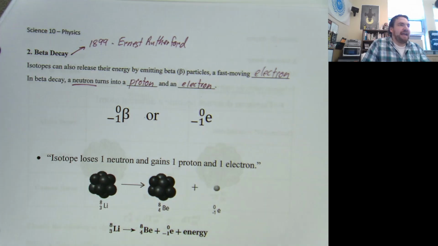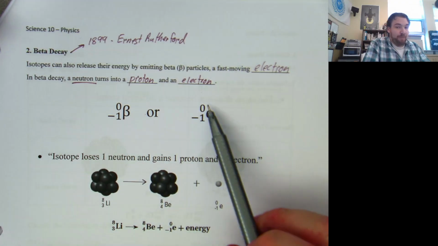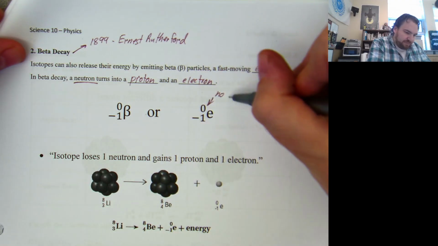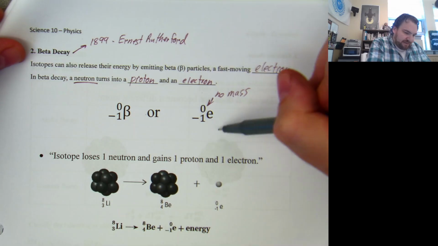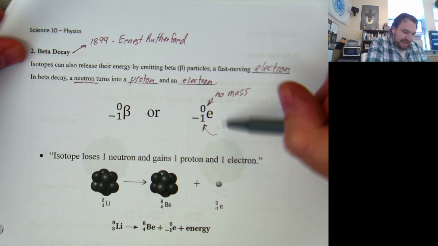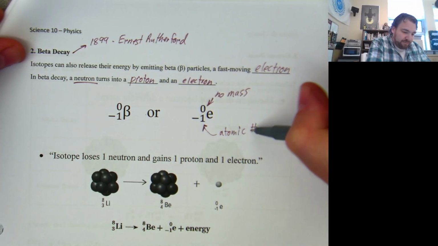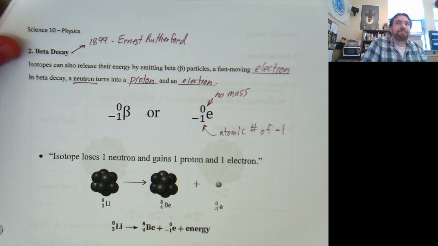The neutron in the atom spontaneously turns into a proton and shoots out an electron. Electrons have no mass, but have an atomic number of -1.